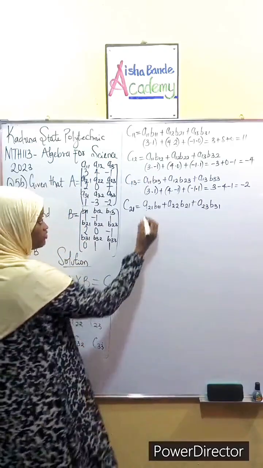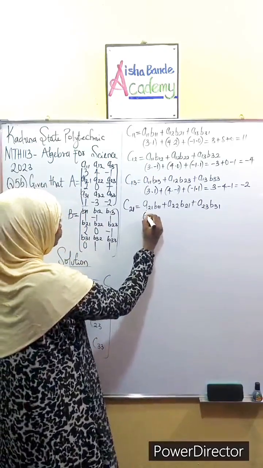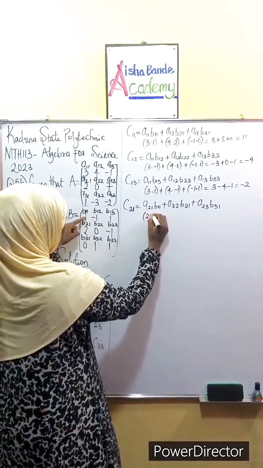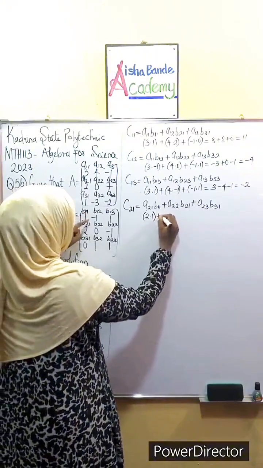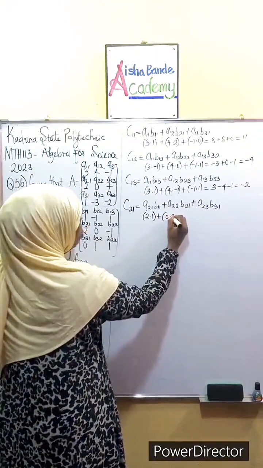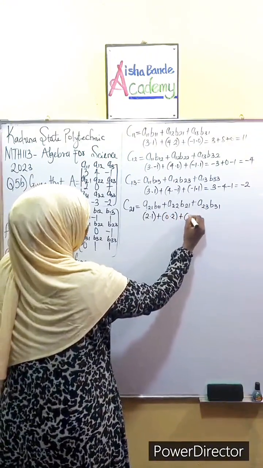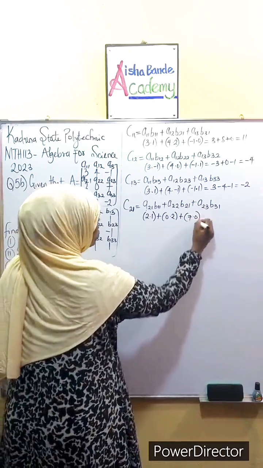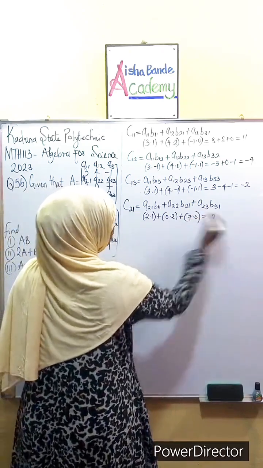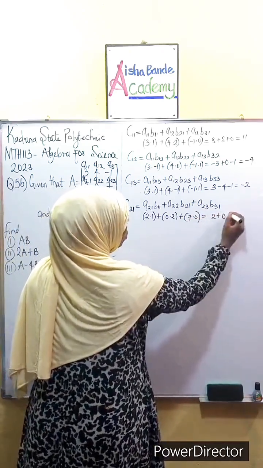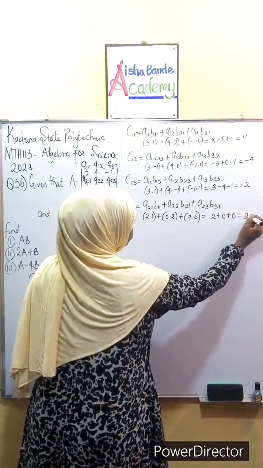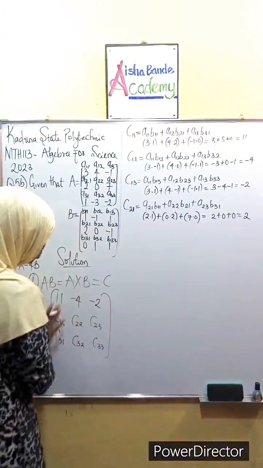So let's substitute the values here. So A21, which is 2 multiplied by B11, 1 plus 0 multiplied by 2 plus 7 multiplied by 0. So here we have 2 times 1 is 2 plus 0 plus 0. So this is equal to 2. So that means our C21 is 2.